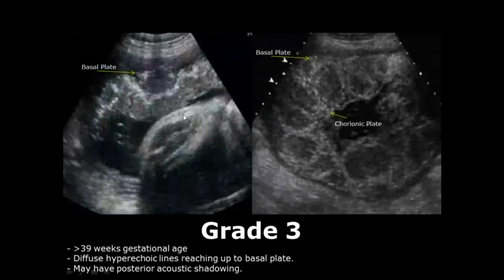Here are more images of a grade 3 placenta. If the placenta shows this type of appearance, let's say for example 20 weeks or before grade 3, that is before 38 or 39 weeks, this may be a sign of placental insufficiency.